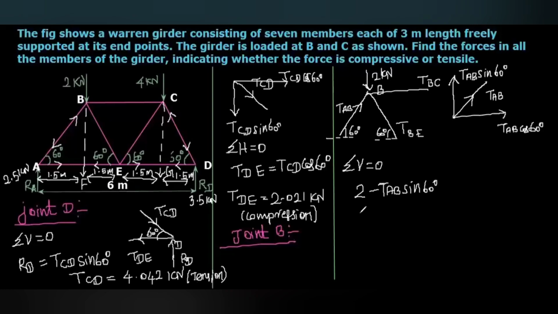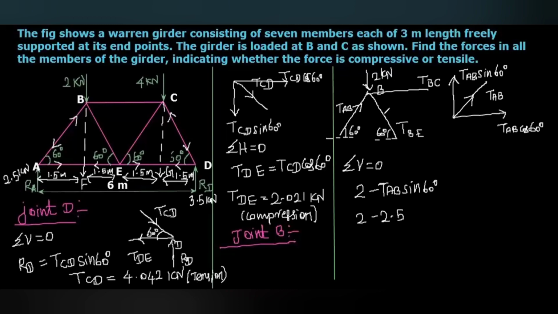That is 2 minus 2.5. So here, this negative value is more. That means the upward force has more value. So to compensate this, we need a downward force. So here the only possibility of inclined force is TBE.